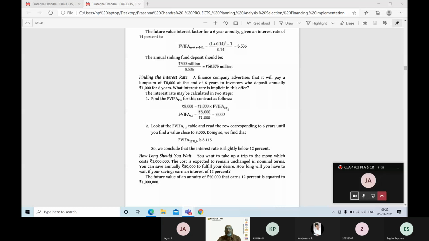Then 1,000 into FVIFA. Then FVIFA is equal to 8,000 by 1,000, which is 8.00. So this is the factor. Then in the factor table, read below corresponding to 6 years until you find the value close to 8. Doing so, you find that with this 8, the table is available.